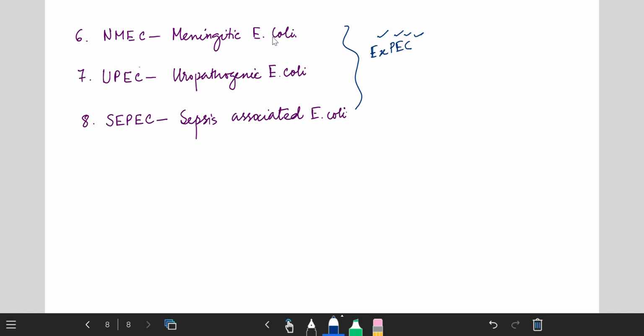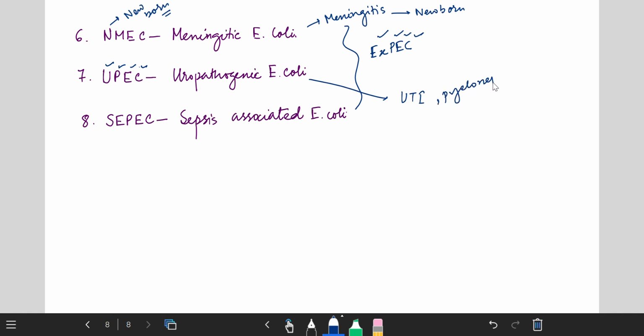So the first one, NMEC, causes meningitis, meningitic E. coli, in newborns. N stands for newborn. Okay. UPEC means uropathogenic E. coli strain, which causes UTI in women, and pyelonephritis.